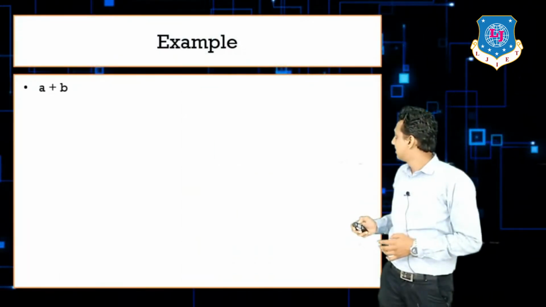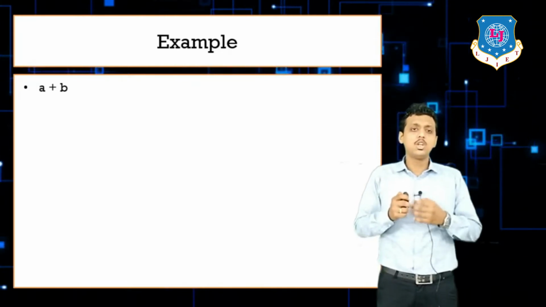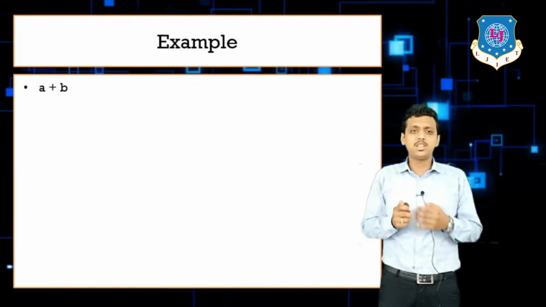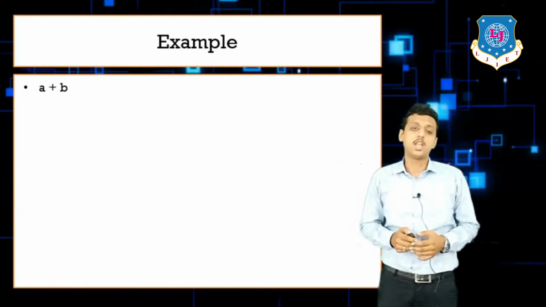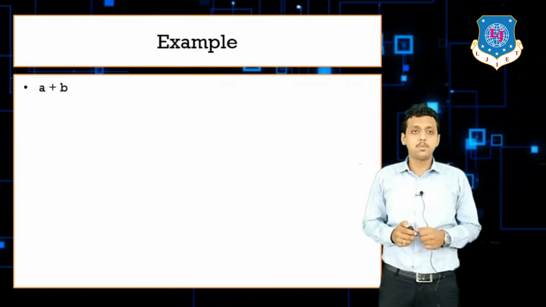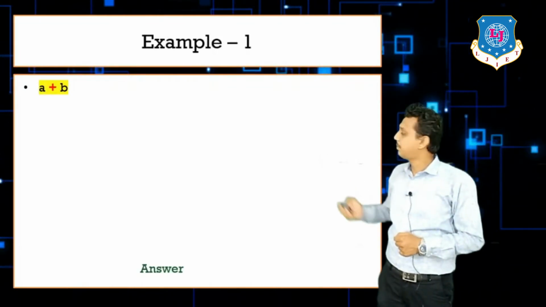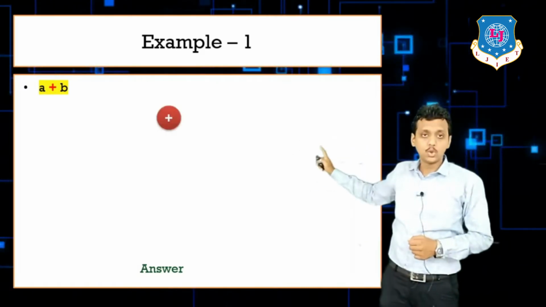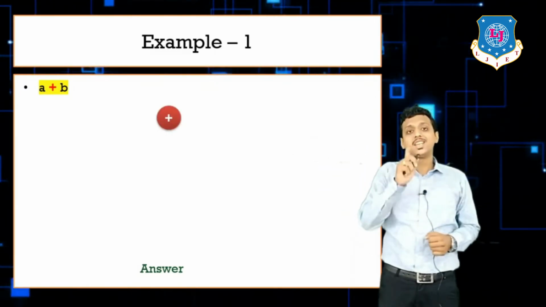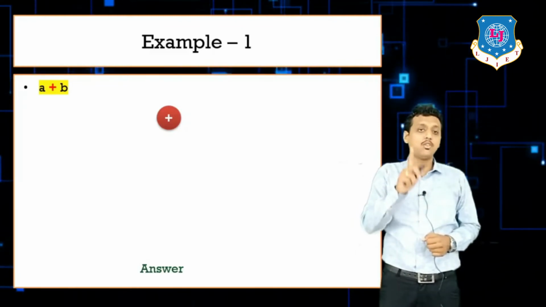So here it is. The first example is a plus b. I'm going to solve the examples starting with a very simple one, that is a plus b. See here the operator is plus. So I'm highlighting the plus. So students, that plus becomes your root node. Now see, a is on the left side of plus.